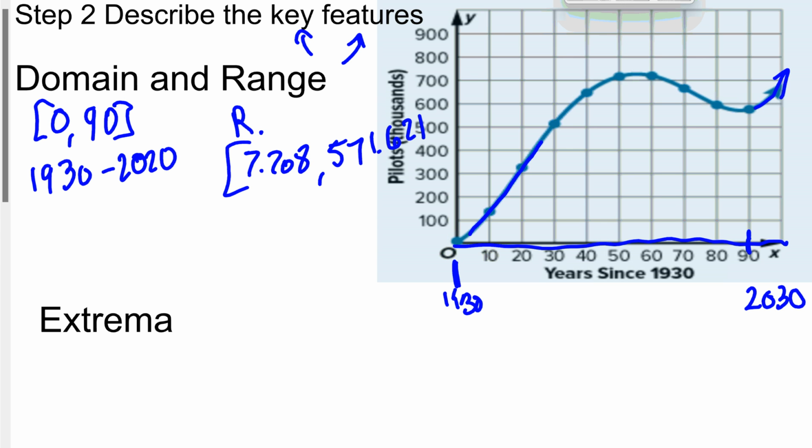And then extrema. We want to see where we have a peak and then come back down. So as we go up, eventually it starts to come down. Probably in the middle here, maybe at x equals 55, we would reach a peak and then it starts to come down. Add 55 to 1930, that'd be 1985.